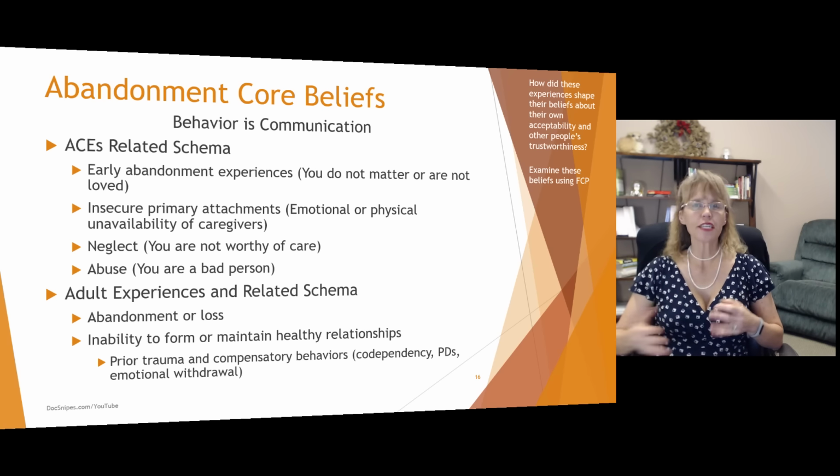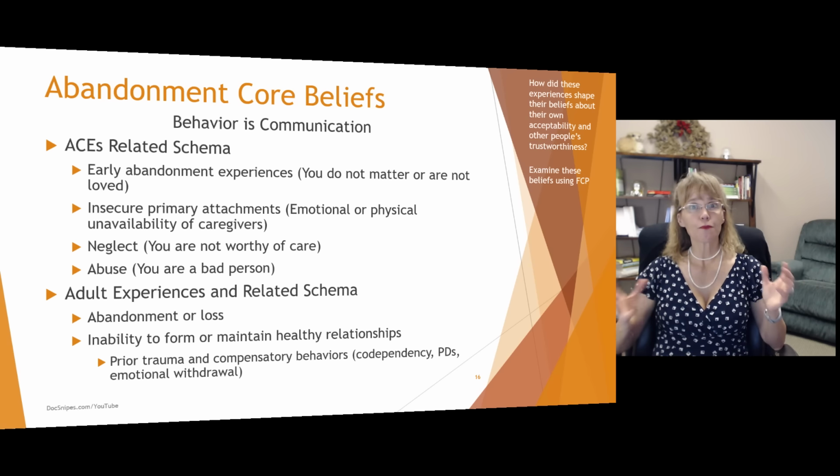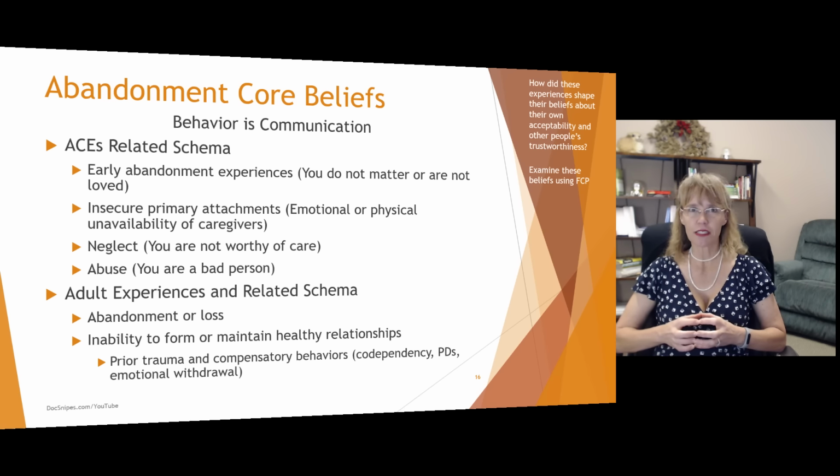And then adult experiences and related schema. We want to encourage people to examine their beliefs related to abandonment or loss, and their beliefs related to their ability or inability to form or maintain healthy relationships.